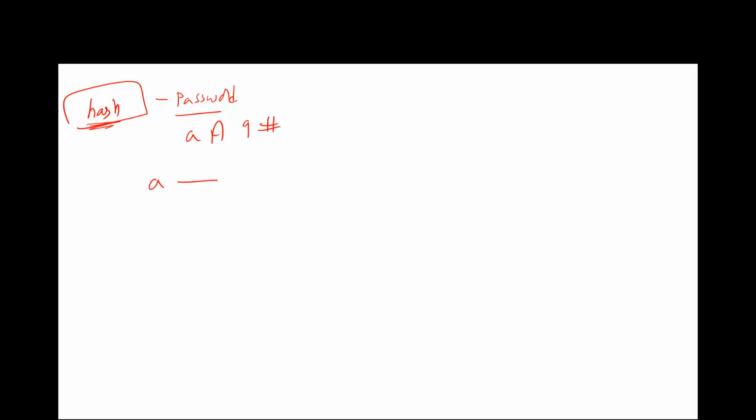Yes, because as we have seen earlier with the hash calculator website, unless your input is the same, the calculated hash value will not be the same. So only if your input is the same, the hash value will be the same. If the hash value of A matches what is in the SAM file, it means the user gave the password as A.